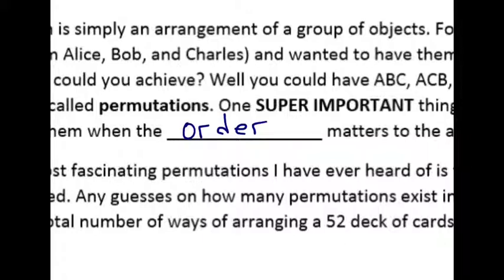The order in which you get those cards doesn't matter. Is that making sense? If the order in which you arrange things matters, you use permutations. If it doesn't matter, you use something called combinations. You'll learn about that tomorrow.